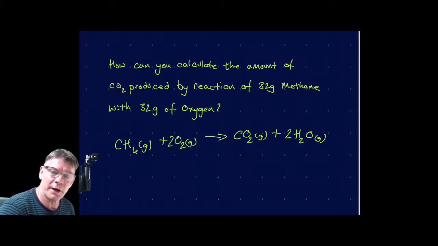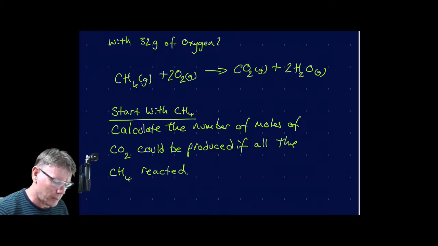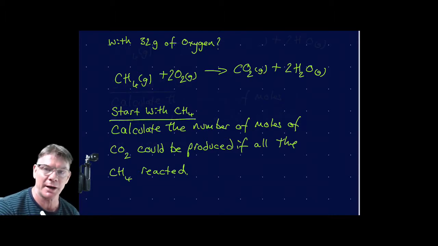To find which reagent is limiting, you need to perform 2 calculations, one for each reagent. So, starting with CH4, we calculate the number of moles of carbon dioxide that we could produce if all of the methane reacted.